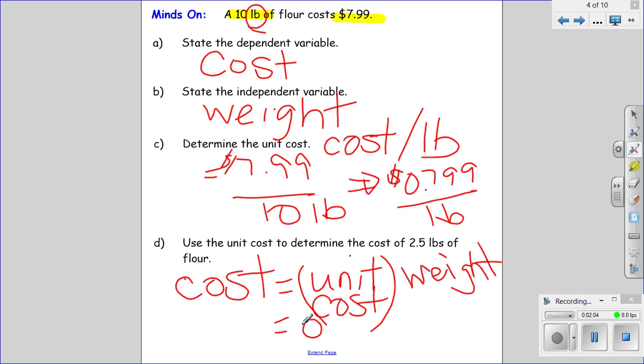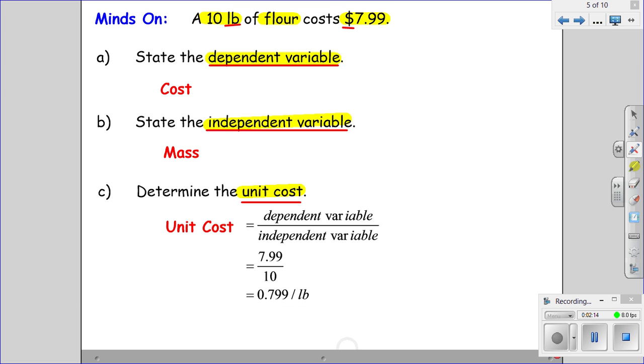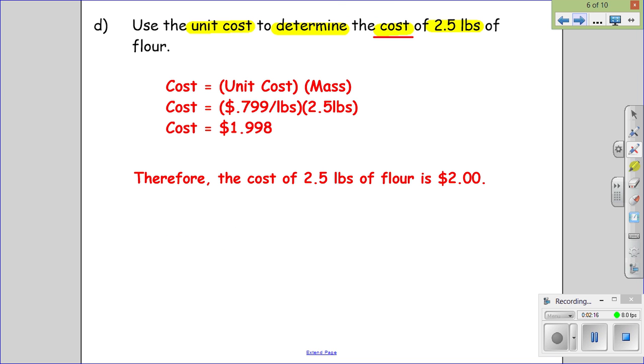So we can say 0.799 times 2.5. And when we work through, you can see it's prettier here. We work through, that means 1.998, the same price as we had before when we used a proportion to solve it. And it costs $2.